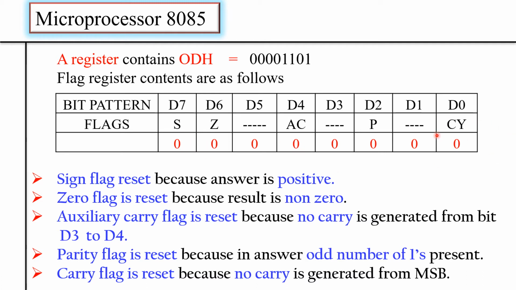Now you have to write which flags are set and which are reset, with the reason. The sign flag is reset, that is 0, because the answer is positive. The zero flag is reset because the result is non-zero.